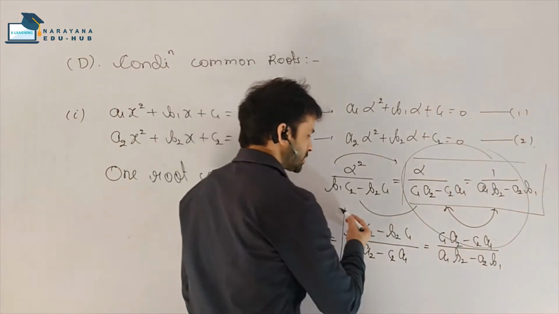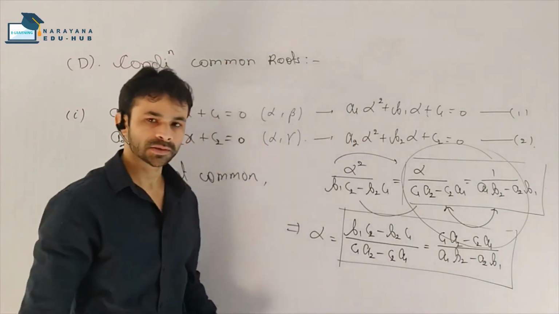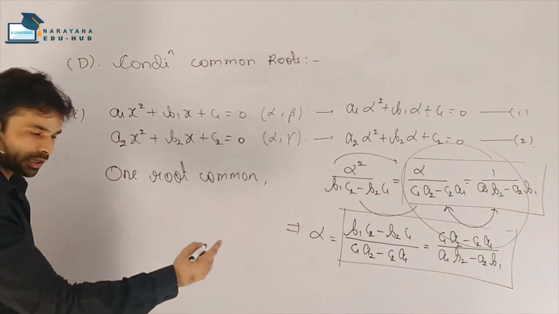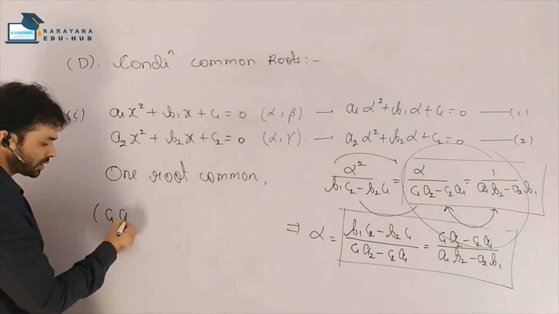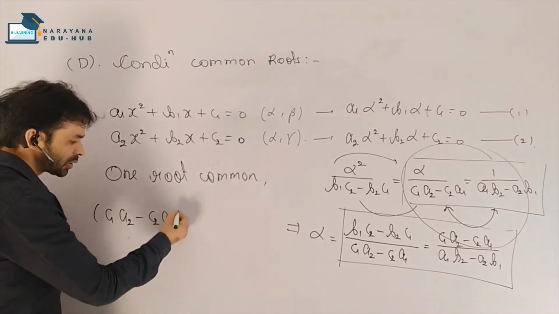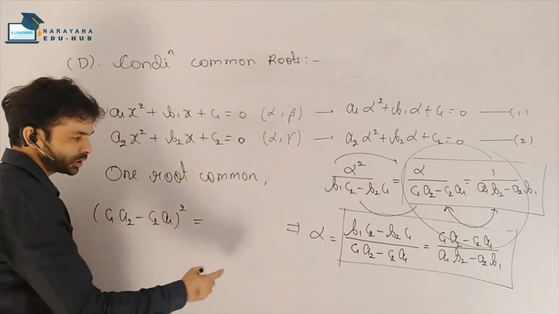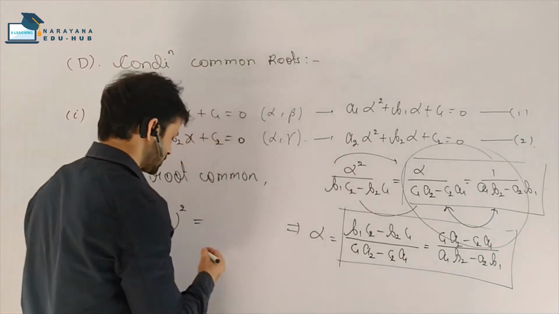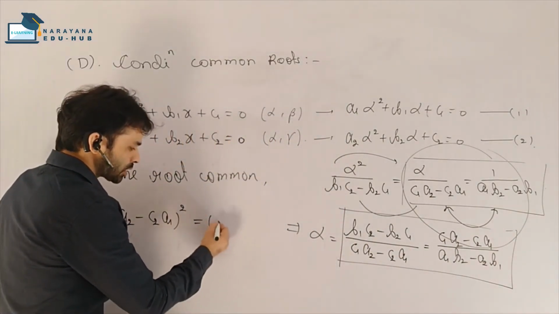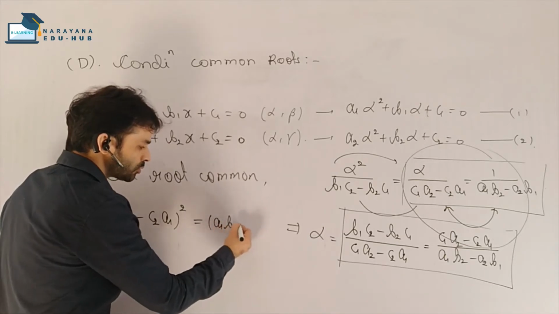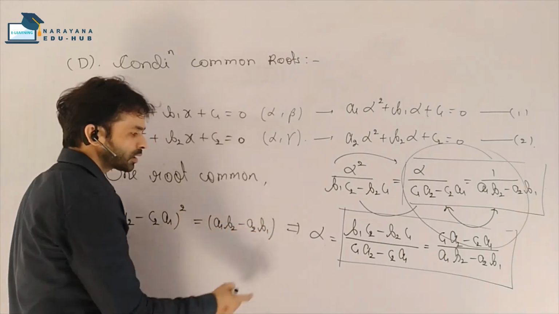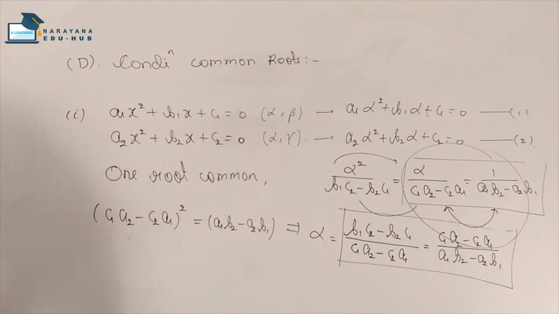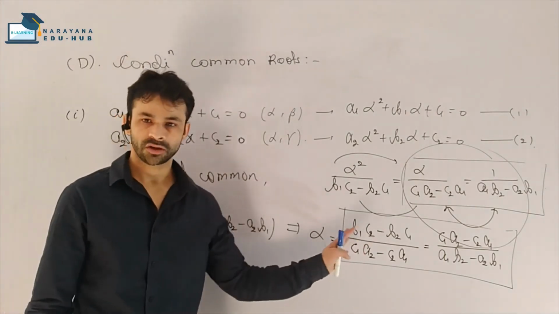Now we can simplify this result a bit. We'll cross multiply. What we will get is c1 a2 minus c2 a1 whole square is equal to this factor into this factor, that is a1 b2 minus a2 b1 into the other factor, b1 c2 minus b2 c1.